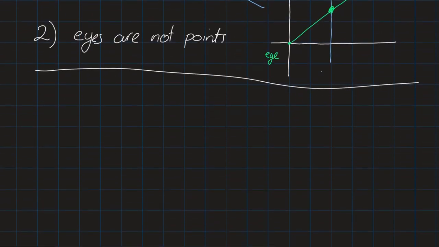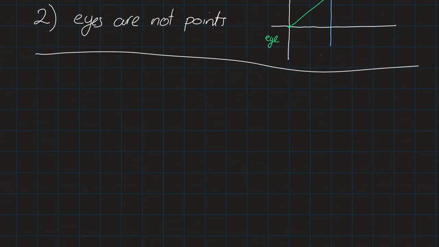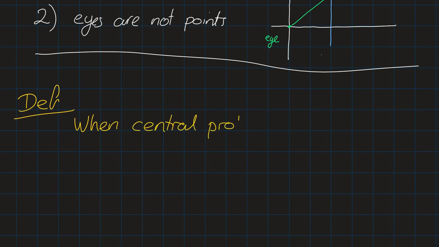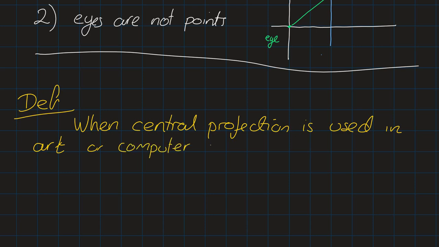When an artist or a graphic designer is using central projection to make an image, they tend to call it linear perspective. So I'll write this as a definition. It's not really anything new, it's just a new name for something we already know. When central projection is used in art or computer graphics, it's called linear perspective.